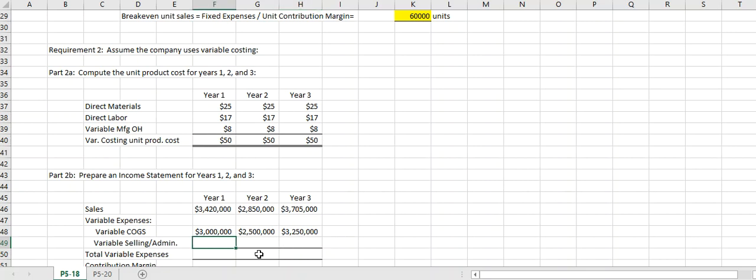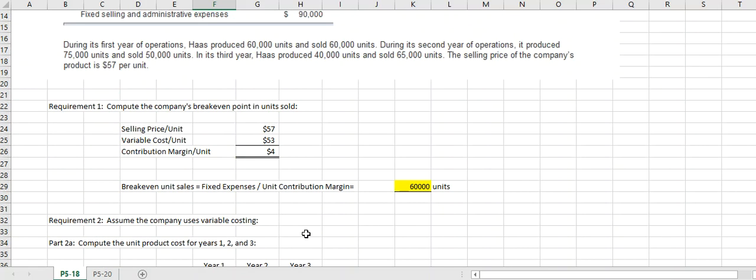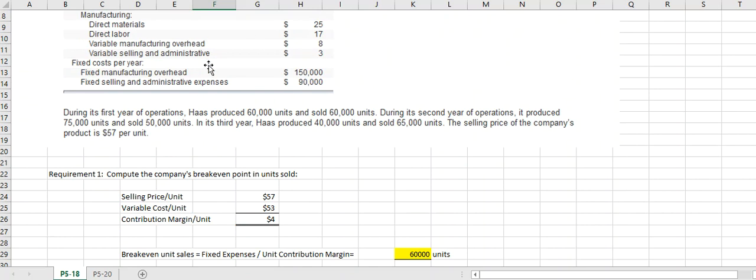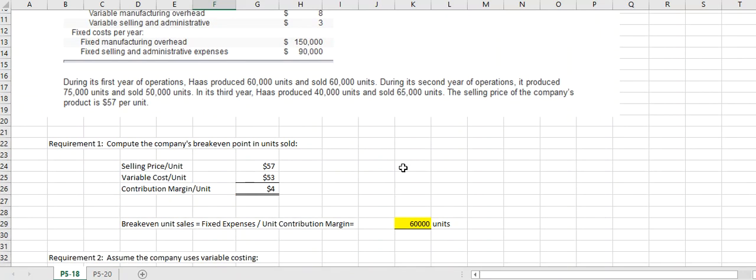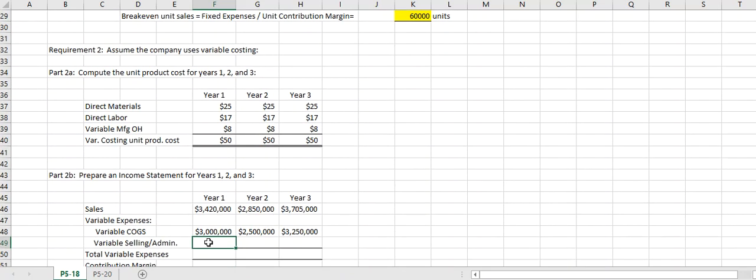We'll do the same thing in our variable selling and administrative, except we only had $3 each in selling and administrative cost, and that's from up here in our given information. So we're going to use the same number of units sold, but just times $3. So the first year we had 60,000 times $3.